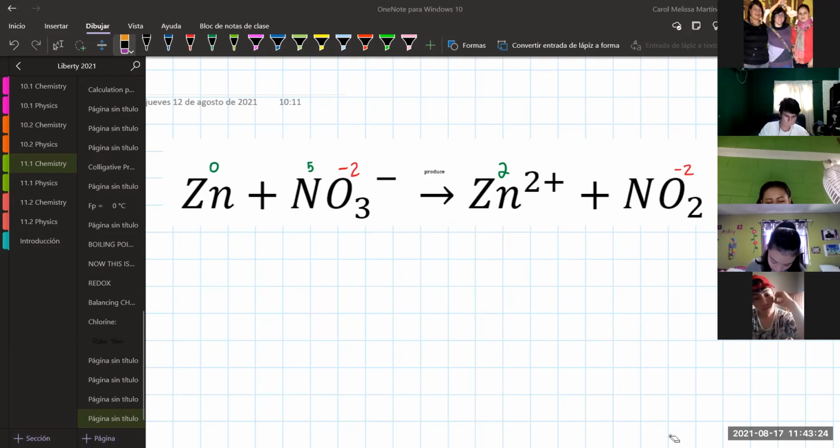Okay, now, what is the charge of this nitrogen? I have negative 4 here, and I need to balance it, so this is going to be positive 4. Okay. So now that I have all my charges, I define what is being reduced and what is being oxidized. What element is being reduced?